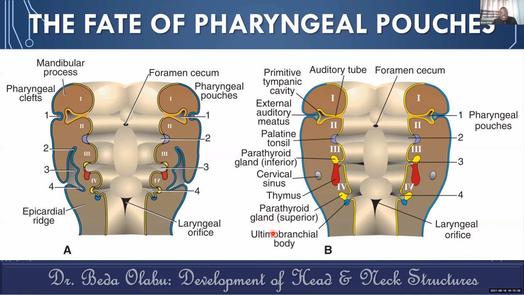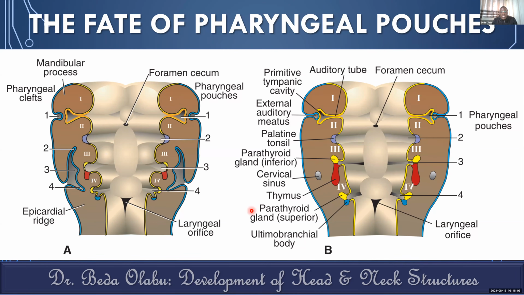So the ultimobranchial body is basically the tissue remnant in the bed of the embryonic fifth pharyngeal pouch, but now has been incorporated into the fourth pharyngeal pouch. You can call it ultimobranchial body or ultimopharyngeal body.